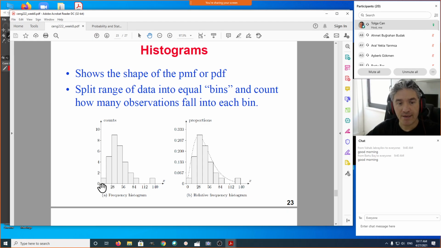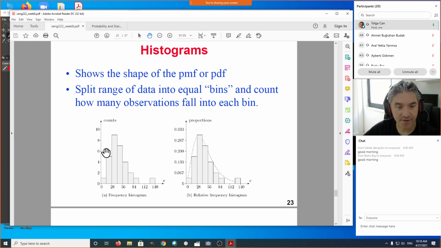And if your sample size is small, if you don't have enough data, many of those bins will be empty. So it is better to just count how many values are there between 0 and 10, how many between 10 and 20. These bins define intervals, and we count how many data points in our sample fall into that interval.